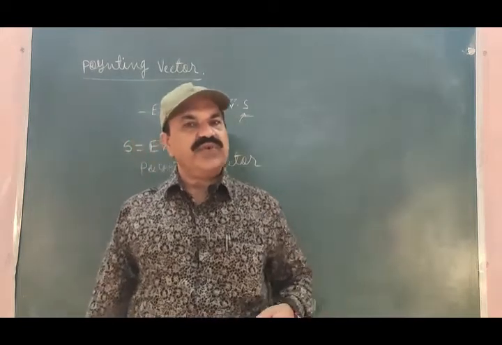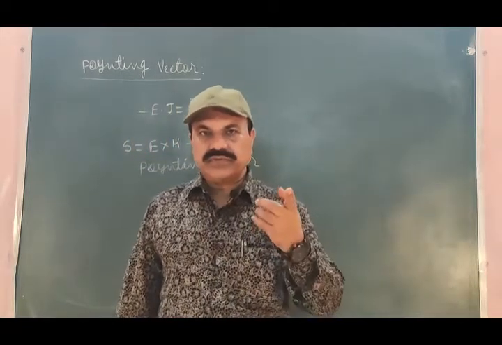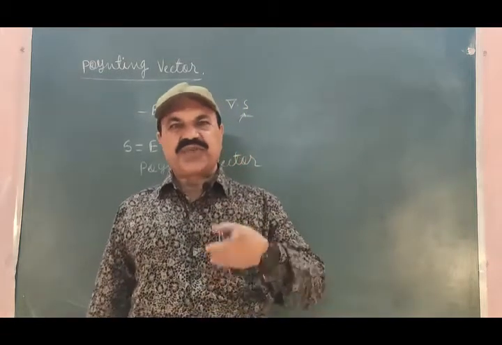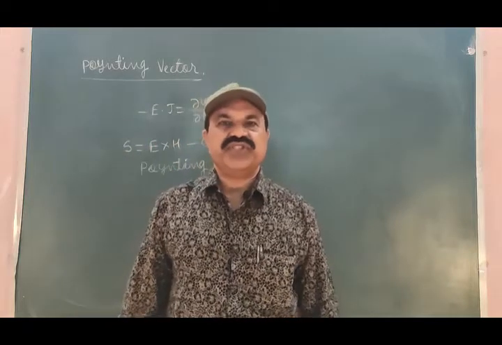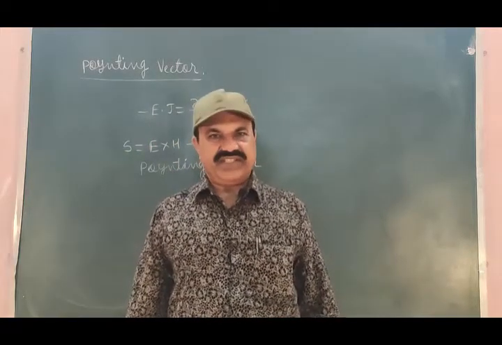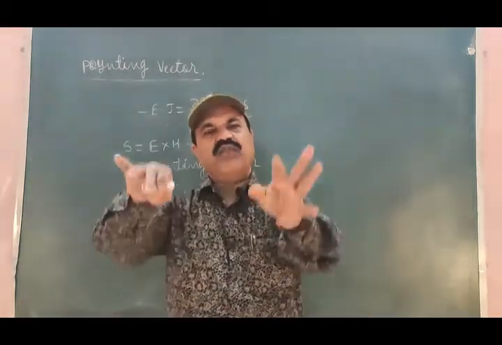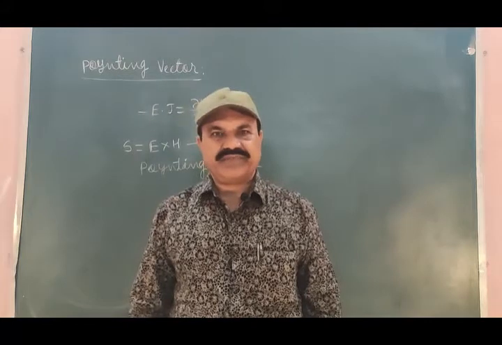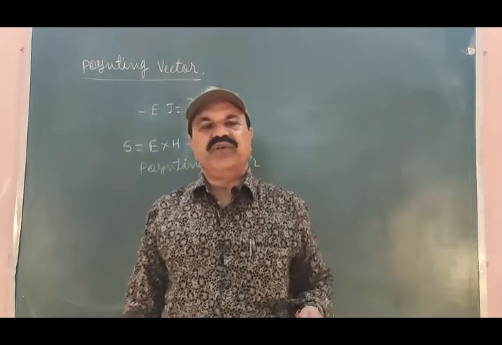And therefore we can use Poynting vector to represent the direction of propagation of the electromagnetic energy. At the same time we can also use this to find the intensity of the electromagnetic energy, that is the amount of electromagnetic energy flowing, crossing some surface area held perpendicular to it.